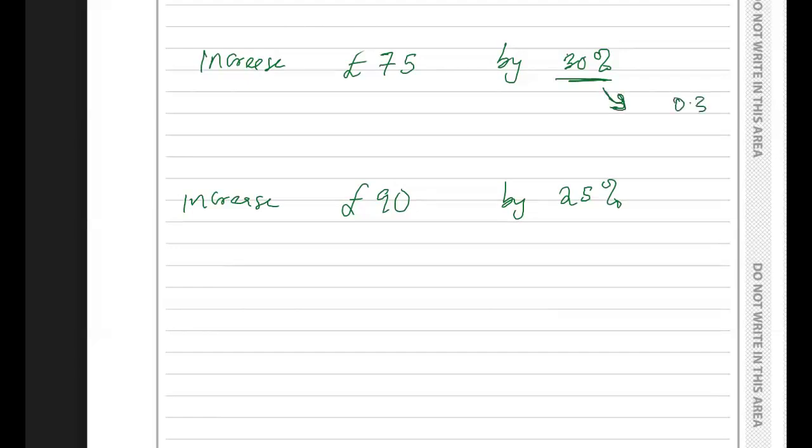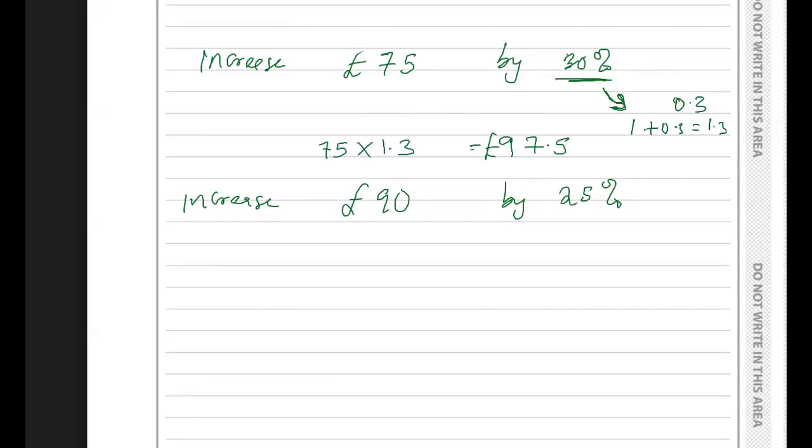You now add 1 to it: 1 plus 0.3 gives you 1.3. Now multiply on the calculator: 75 times 1.3 is 97.5. That's the answer.